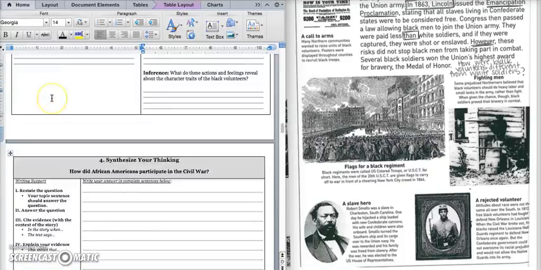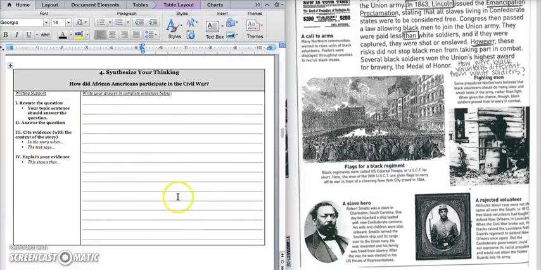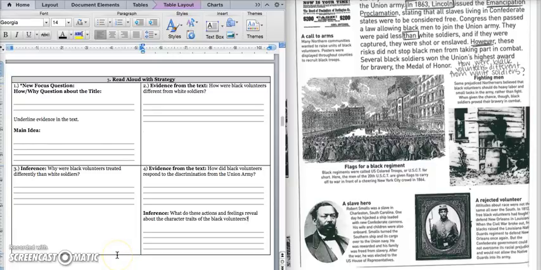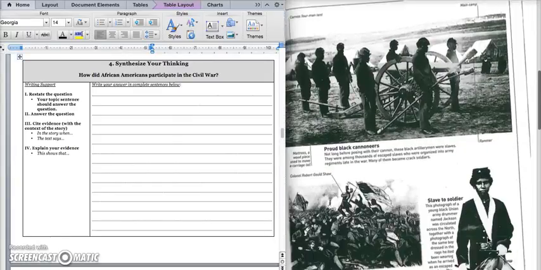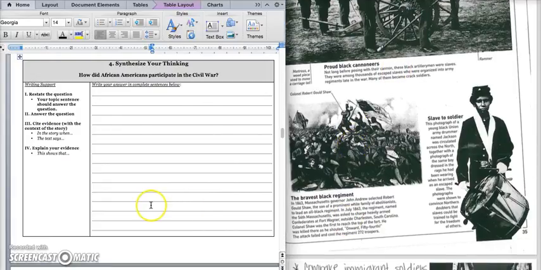So you'll need your topic sentence from your main idea in box 1, and then you'll need some evidence from the text. So you can use evidence from box 4, but you can also use evidence from a rejected volunteer, proud black cannoneers, and the bravest black regiment.